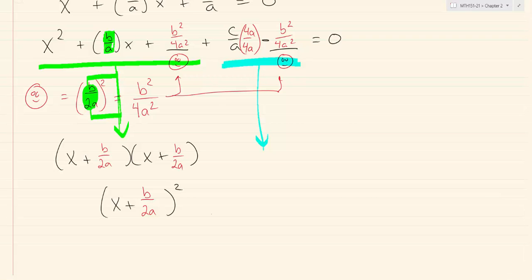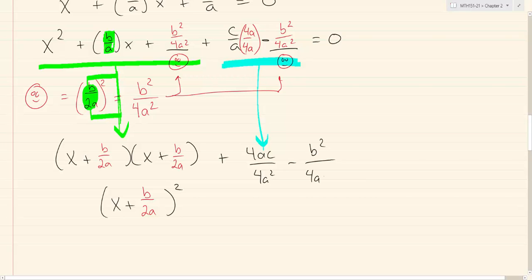If I rewrite this, it becomes 4ac divided by 4a squared minus b squared over 4a squared. Then I can put that all together under one denominator, and I'll get 4ac minus b squared all over 4a squared equals 0.